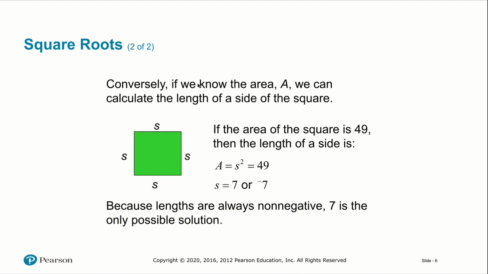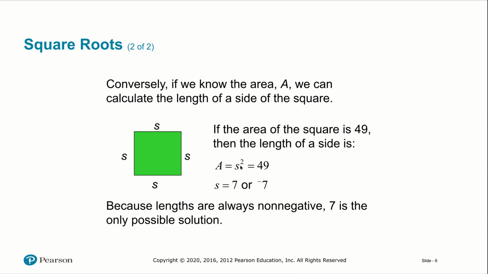On the other hand, if we know the area of a square, then we can calculate the length of each side because we use this formula, A equals s squared. For example, if they tell us that the area of a square is 49, we know that s squared must be 49, so we think to ourselves, what number can I square to get 49? We know that there are actually two numbers.